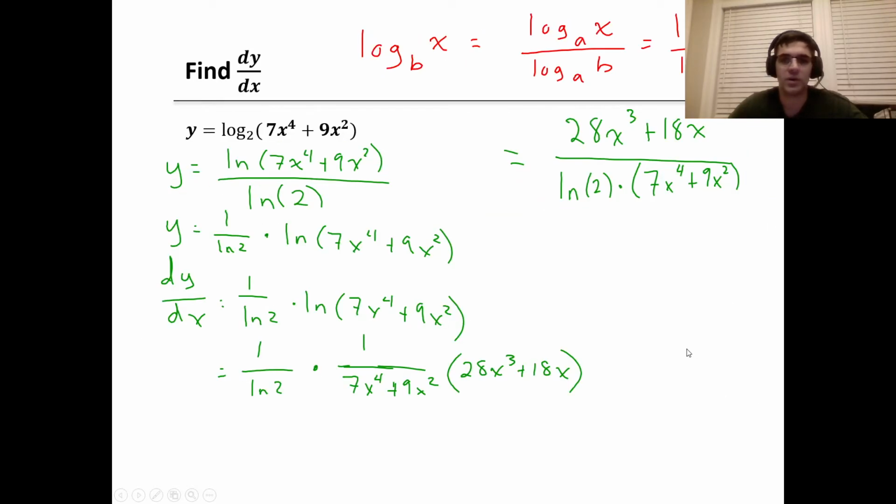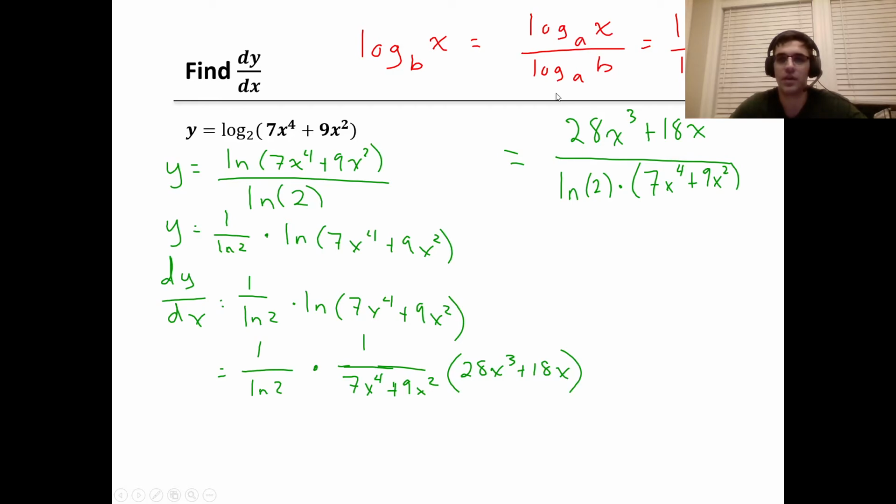Okay, so how about this one? We've never talked about deriving log functions before. To derive a log function, we're going to use a workaround based on the log property that if I take log base b of x, I can split it up as log base a of x over log base a of b, so I can make a whatever base I want.